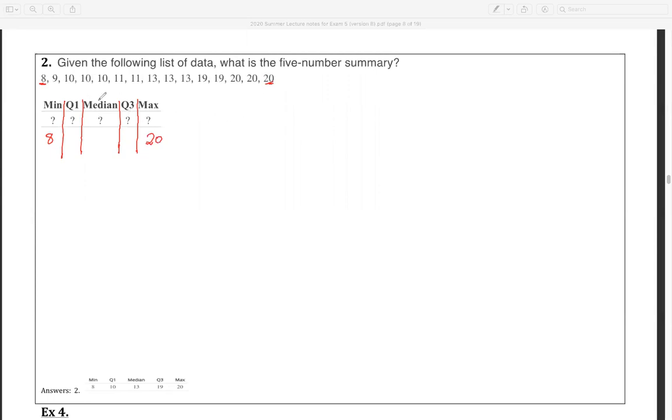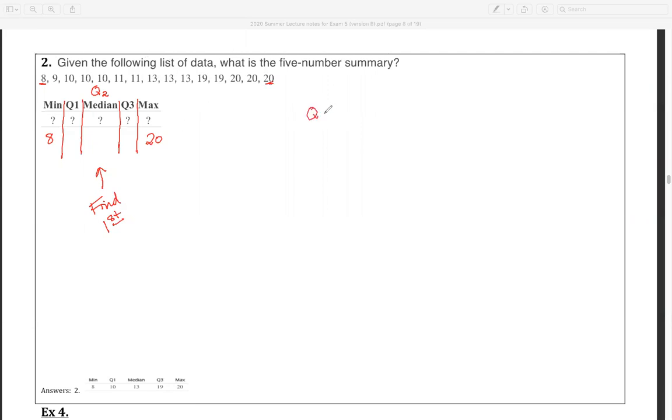Now, please make a note: you always find your median first, which is your second quartile. I don't know what's going on with my digital pen, but my cues are looking funny. So this is our second quartile, so find this first. Very important. We'll find the middle of all of the data.